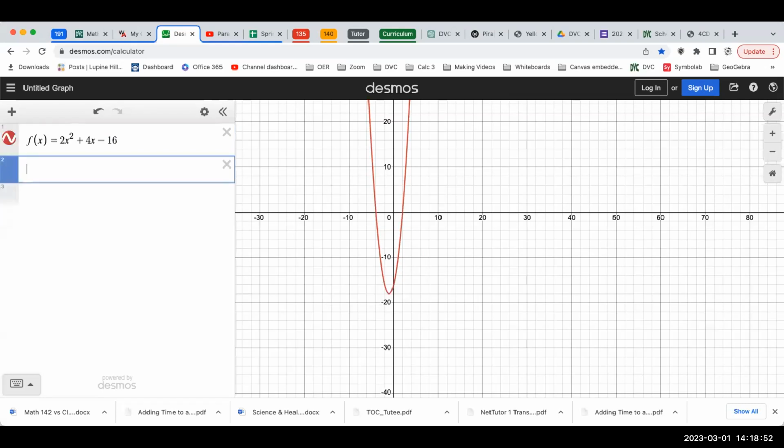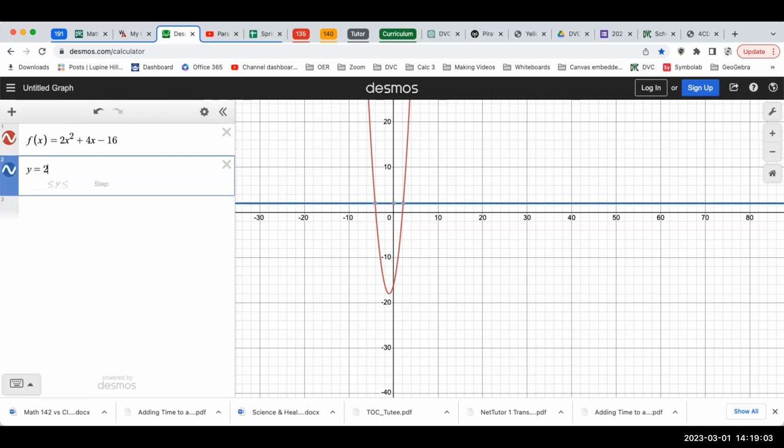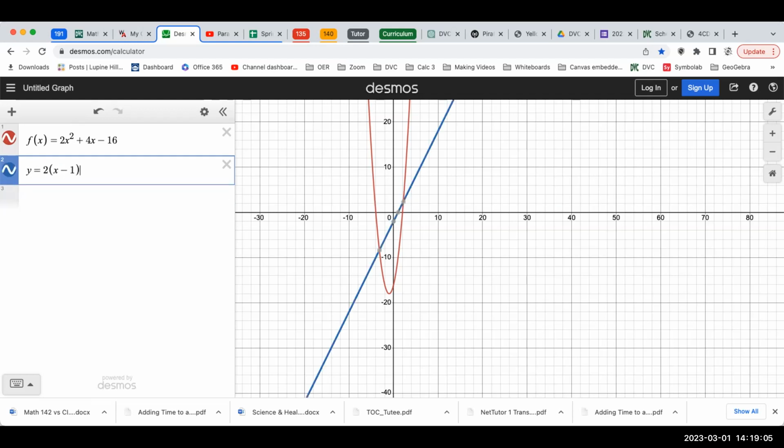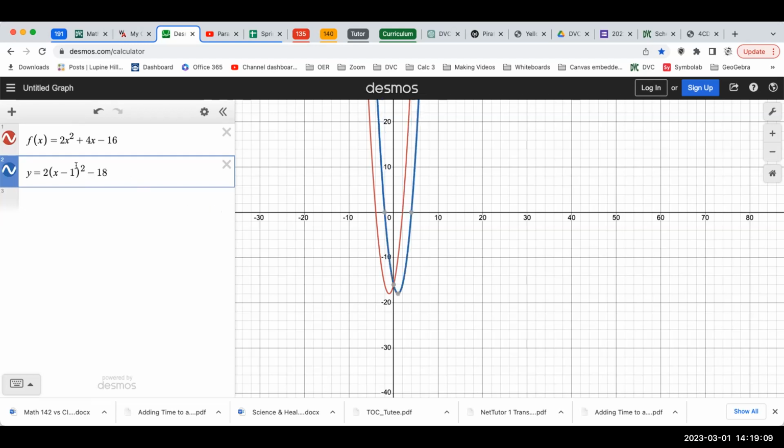And then if I rewrite this function as y equals the vertex form, 2 times x minus 1 squared minus 18. Oh, plus 1. Boom. Yeah, there you go. I got scared there. It's like, oh no, it's not matching. So correct. Both of these give you the same graph. They're really the same function, just written in different ways. Okay.